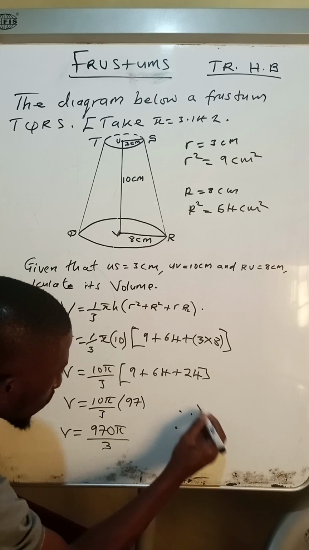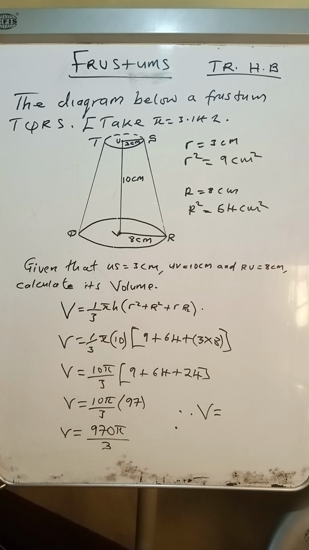And therefore the volume will be equal to, make use of the calculator, where there is pi, we substitute 3.142.